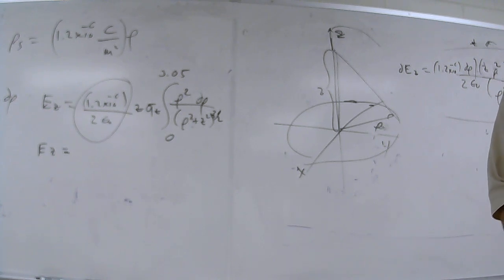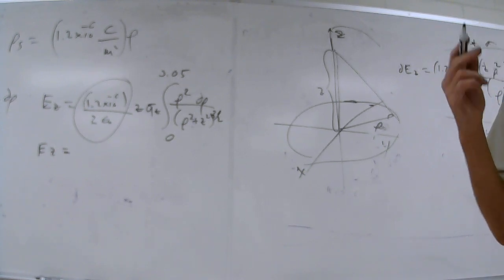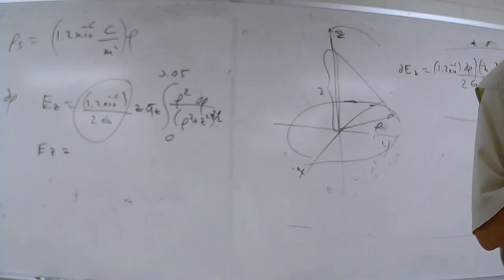You can take a simple chunk of charge that has 2 dimensions of differential, d rho, and then rho d phi, the other direction, times rho s. But then you're going to have to do the phi integration, which is a pain. I just didn't know if it was possible. When you do the phi integration, you just get 2 pi. That's it.